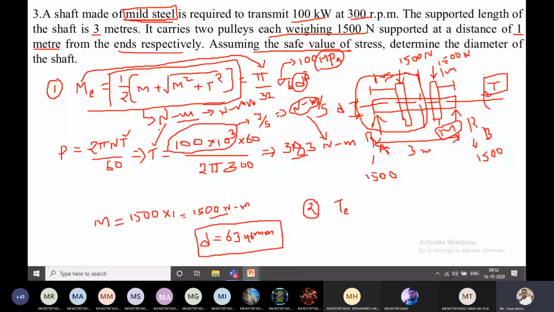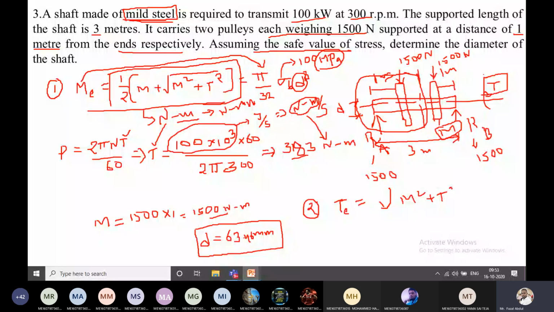Now I'm giving the question to you all. Calculate the same answer according to the second theory, that is equivalent torque Te equals square root of M square plus T square. What is Te?